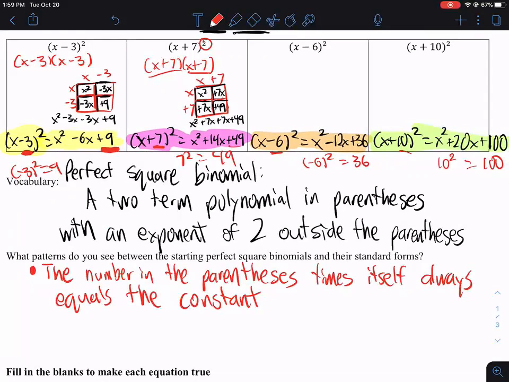Okay, so again, you take this -3 in parentheses, you multiply it by itself, -3 times -3. That gives you the +9 constant. Okay, and you take the 7 in the parentheses, 7 times 7 gives you the 49, and so on.